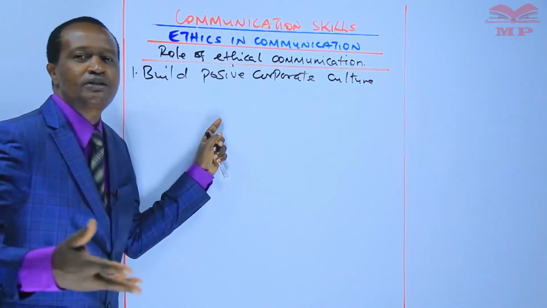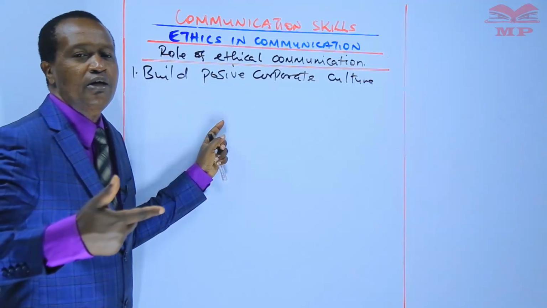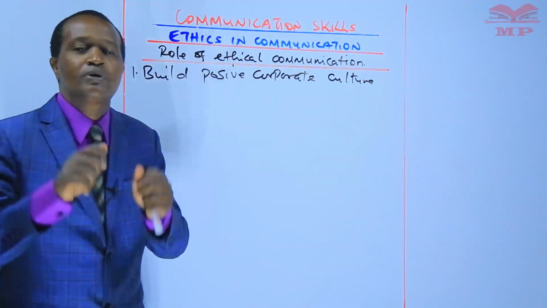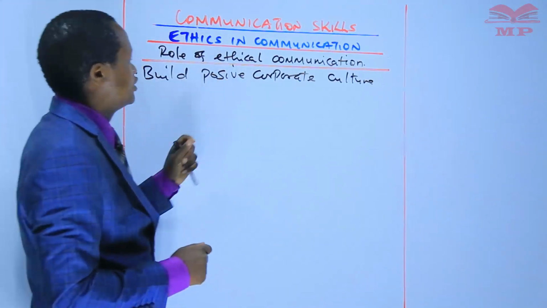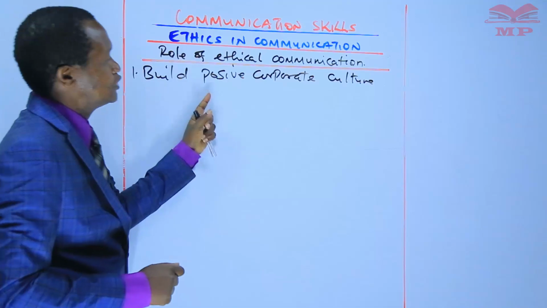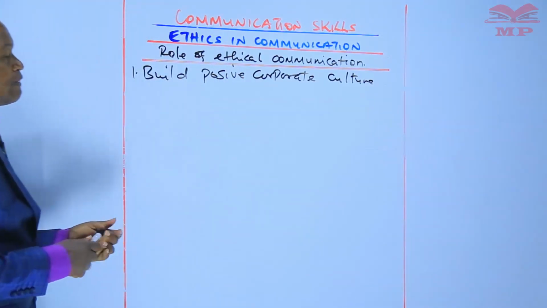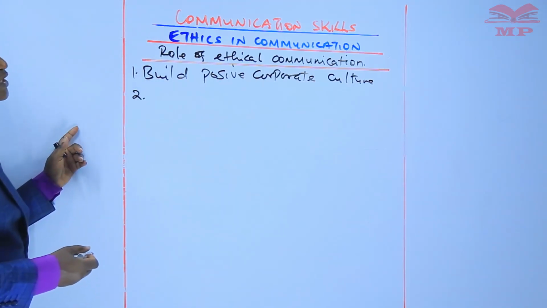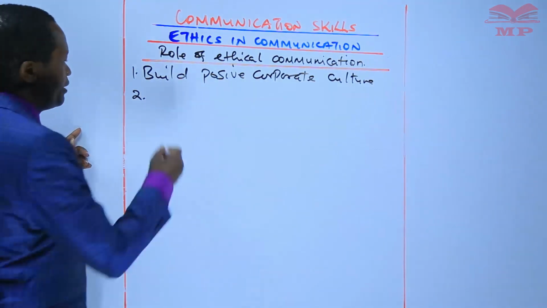And that breeds organizational loyalty as well as productivity, because employees feel good about showing up for work. So ethical communication can help to build positive corporate culture. The second role is that ethical communication can reduce financial liabilities.